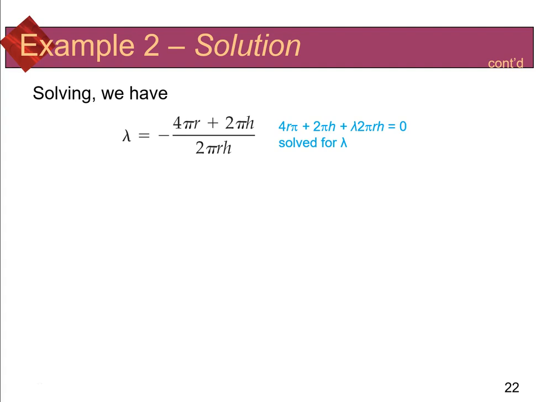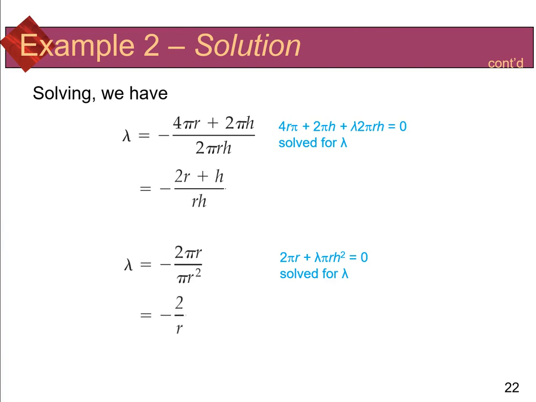If I simplify, because all terms on the top and bottom are divisible by 2 pi, I end up with (2r plus h) over rh. The second one, the f sub y, or f sub h, gives negative 2 pi r over pi r squared. Again, both are divisible by pi r, so I get negative 2 over r.